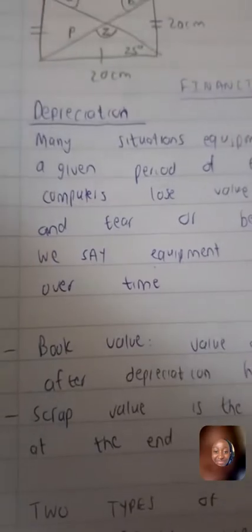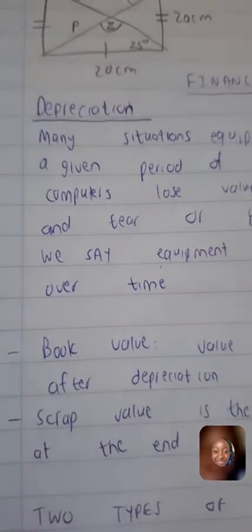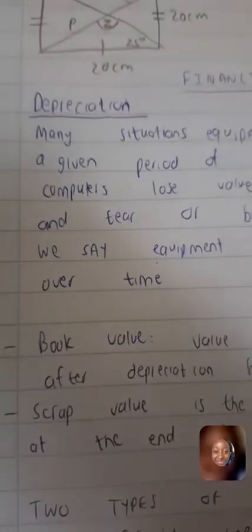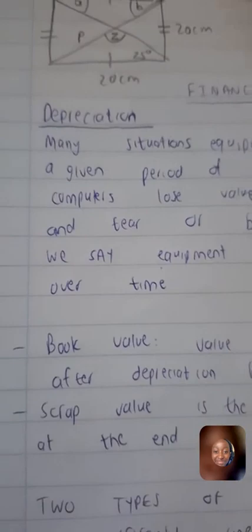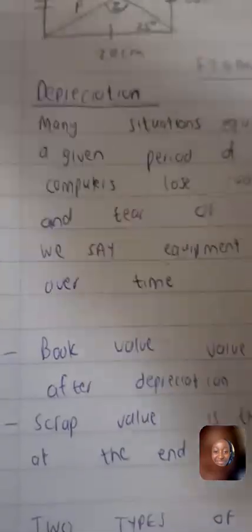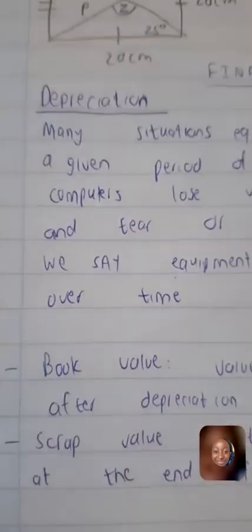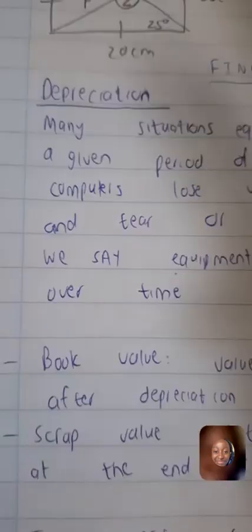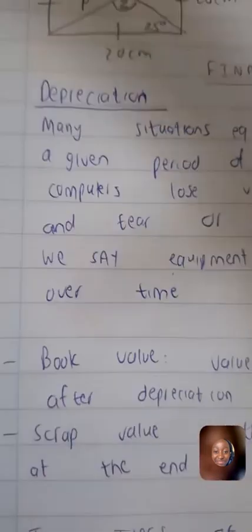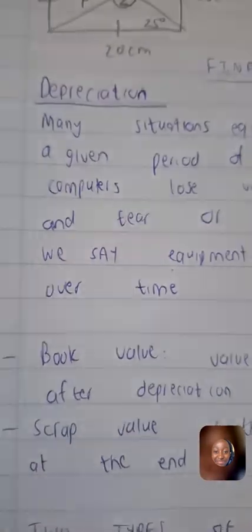It will not increase in value, but rather it will decrease in value, right? In other words, the car loses its value. Why? Because as you use it, there's a term usually used called wear and tear. As you use something, it becomes more and more outdated, if you will.